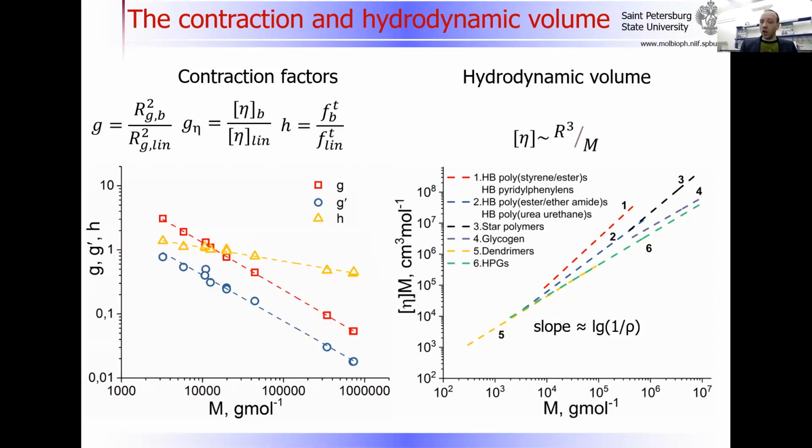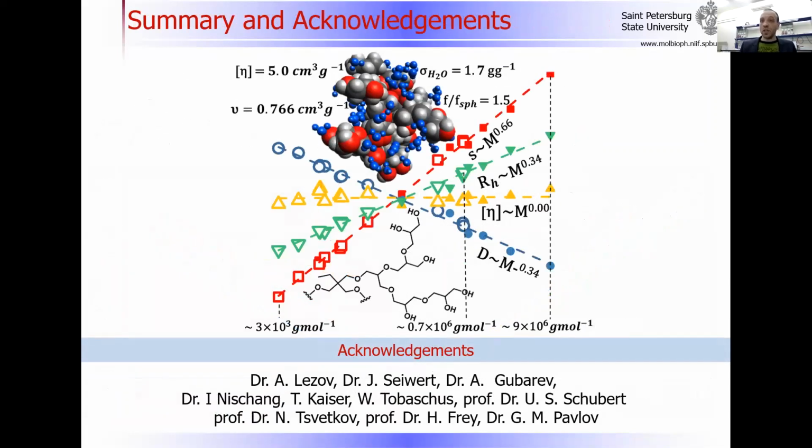The slope of this dependence, of course, will be related to the reciprocal density of the macromolecular coils in this volume representation. The higher the slope, the higher the volume, and this basically brings me to the end of my presentation.